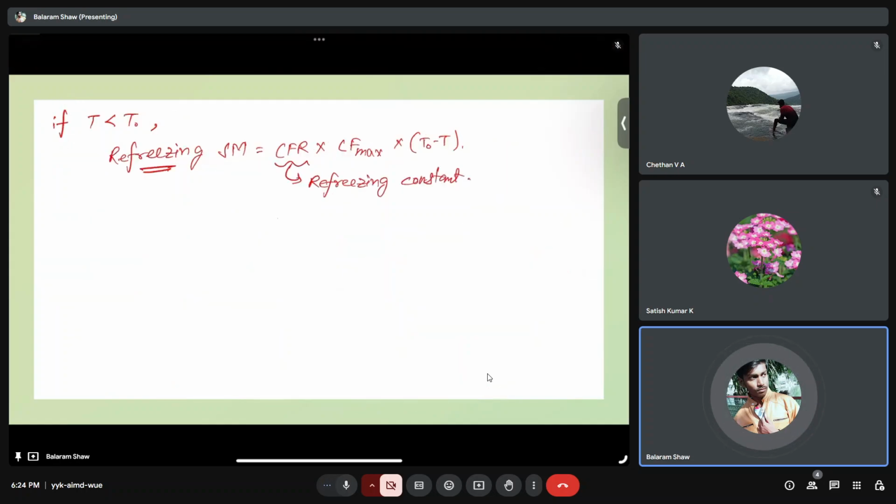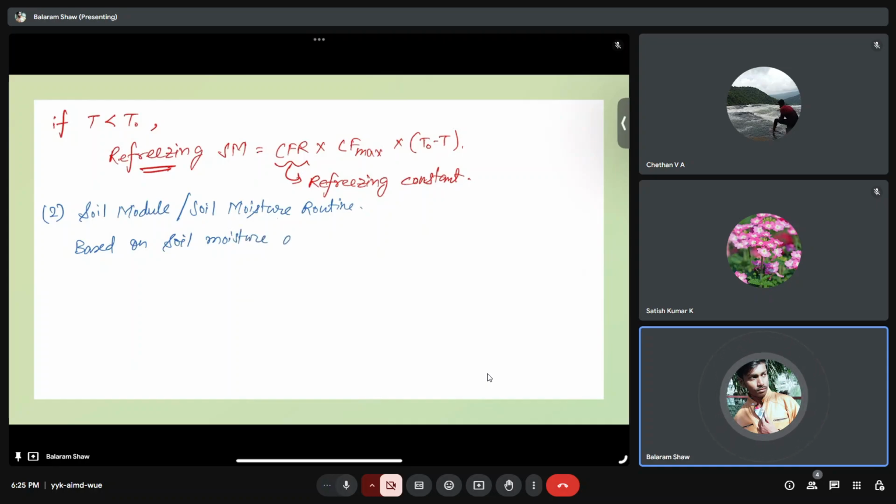Next we'll move to the second module, that is the soil module, or let's say soil moisture routine. Okay, so this is mostly based on the soil moisture accounting factor.